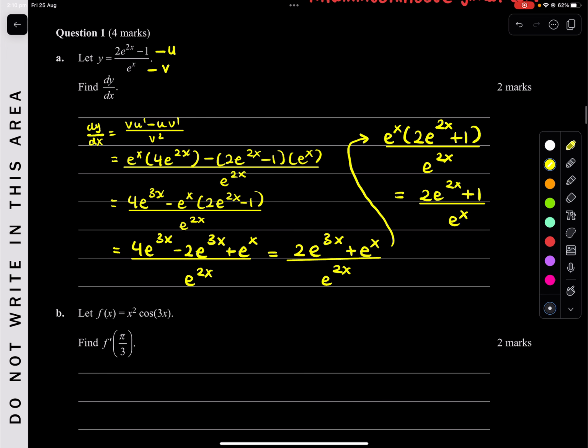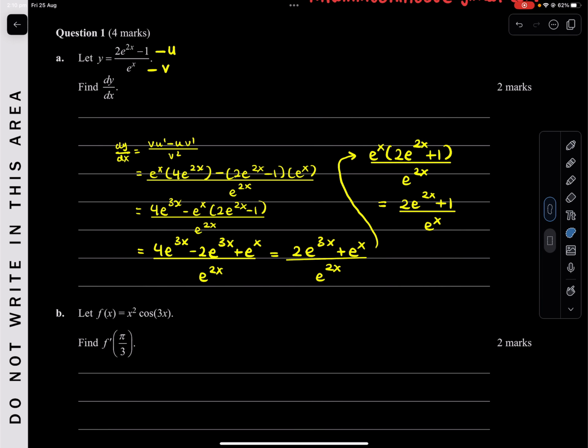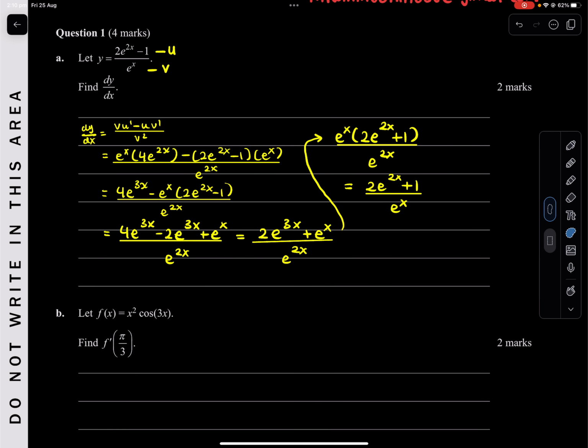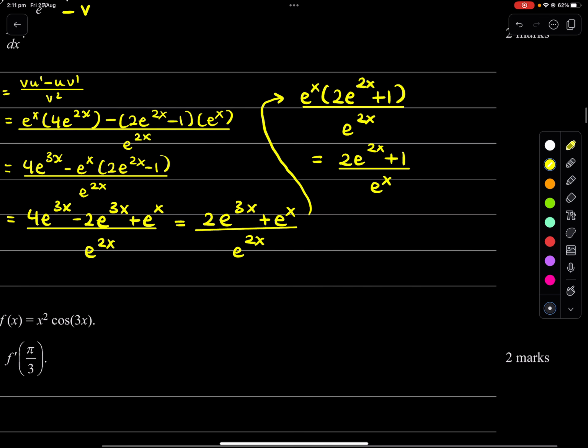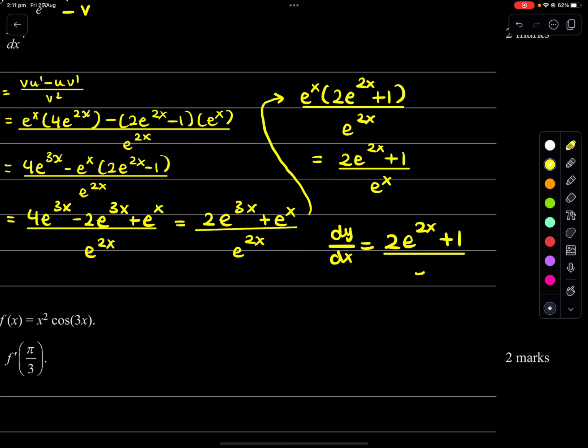Alright, so I'm just going to put the final answer over here. So dy/dx is 2e^2x plus 1 all over e^x.